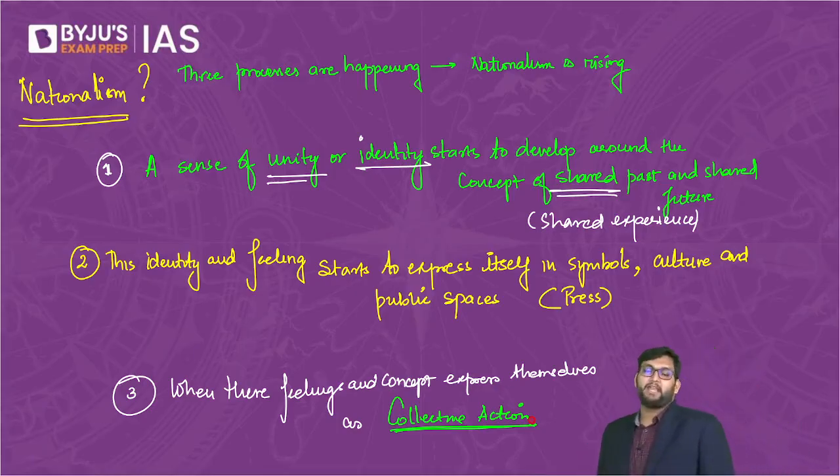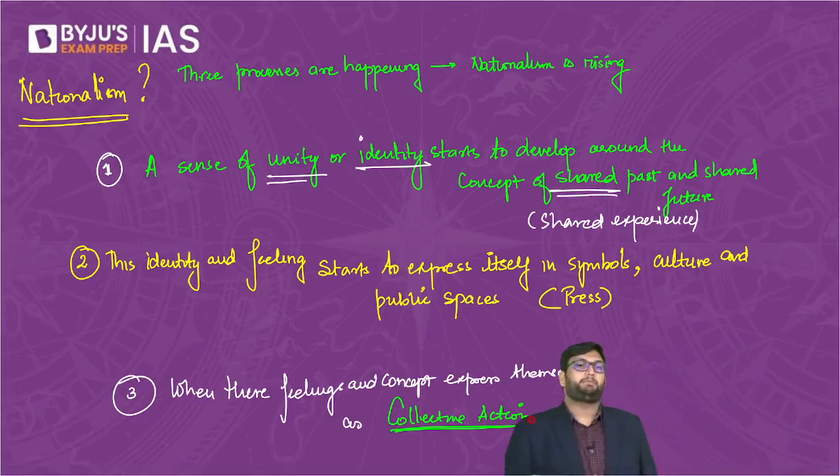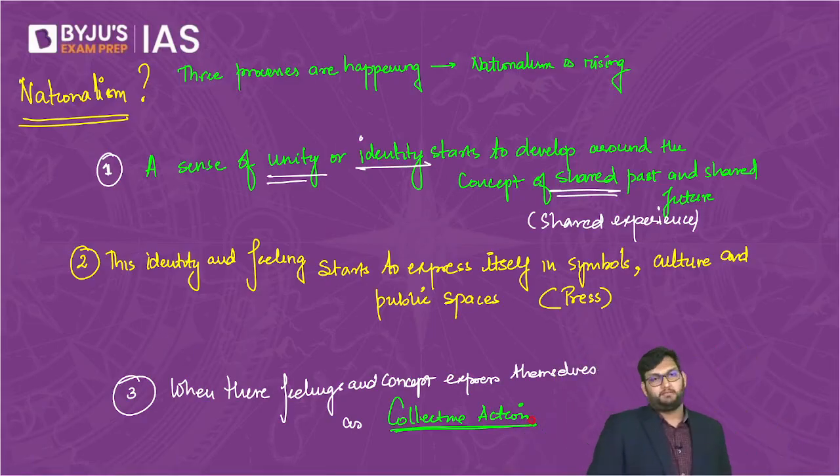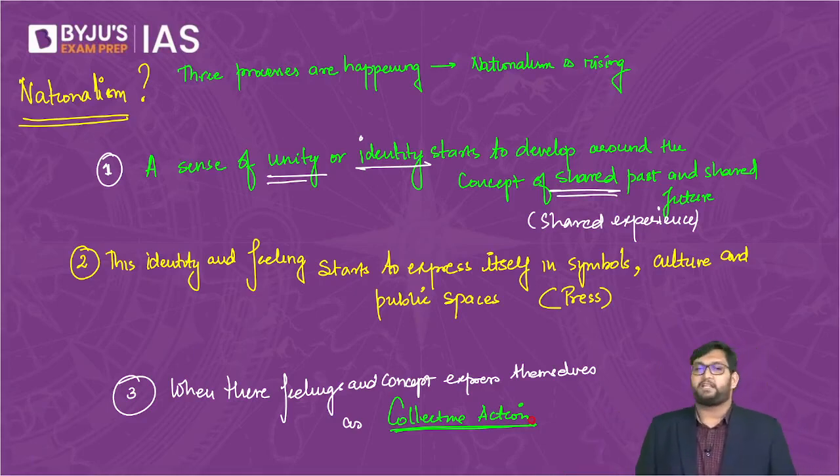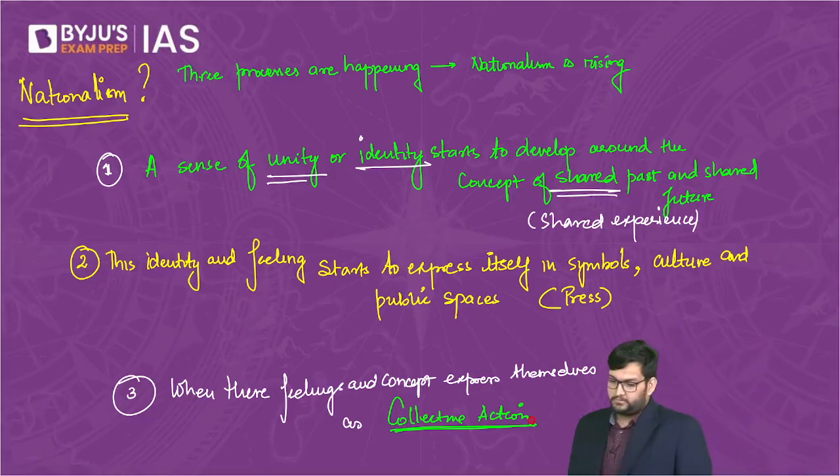If unity and identity start to develop on shared past and shared future, then we technically believe that nationalism is rising. If it starts to get expressed in the public domain through symbols and culture, it is again considered nationalism. And thereafter, if the feeling and concept of all of this unity, diversity, whatever it is, translates into collective action, then nationalism has truly arisen.